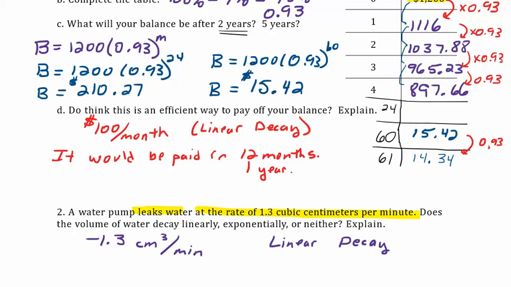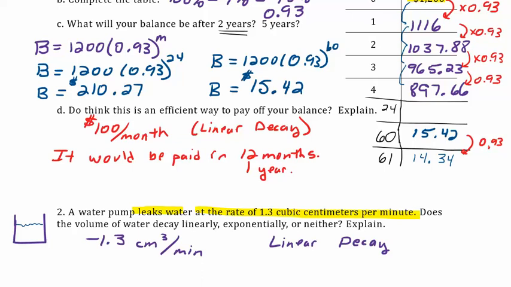This does highlight the fact that it depends how the question is worded. If we did have some kind of a tank and we were looking at the water in the tank and it was leaking at this rate, then we would be losing water out of this tank at 1.3 cubic centimeters per minute.